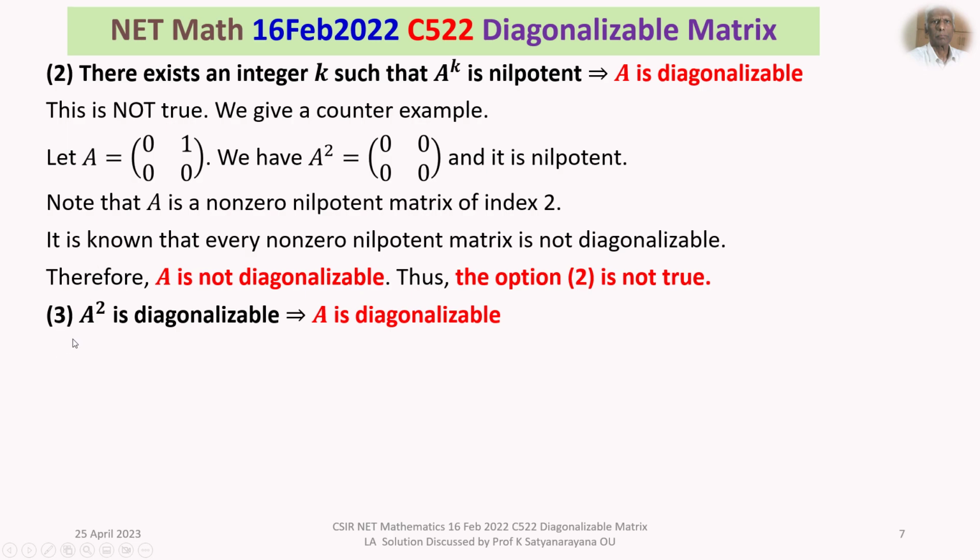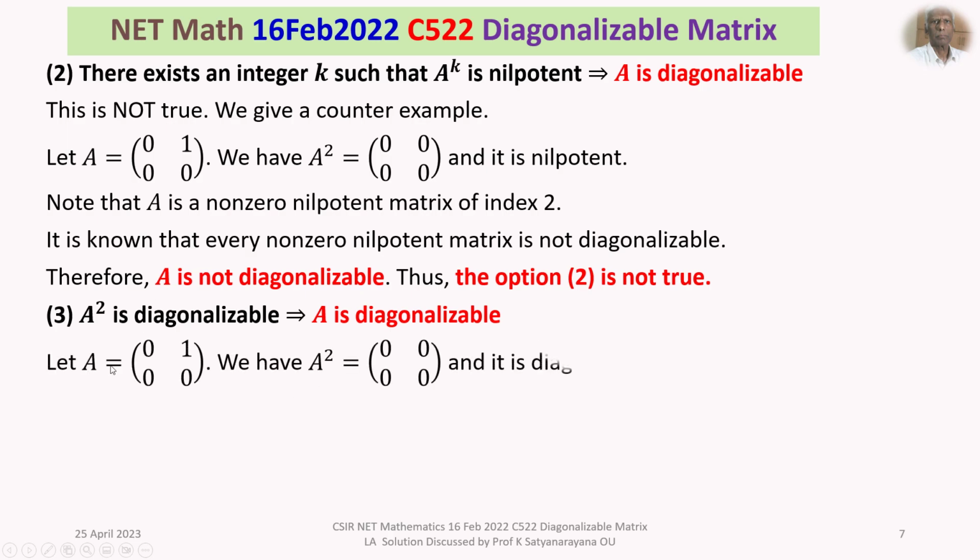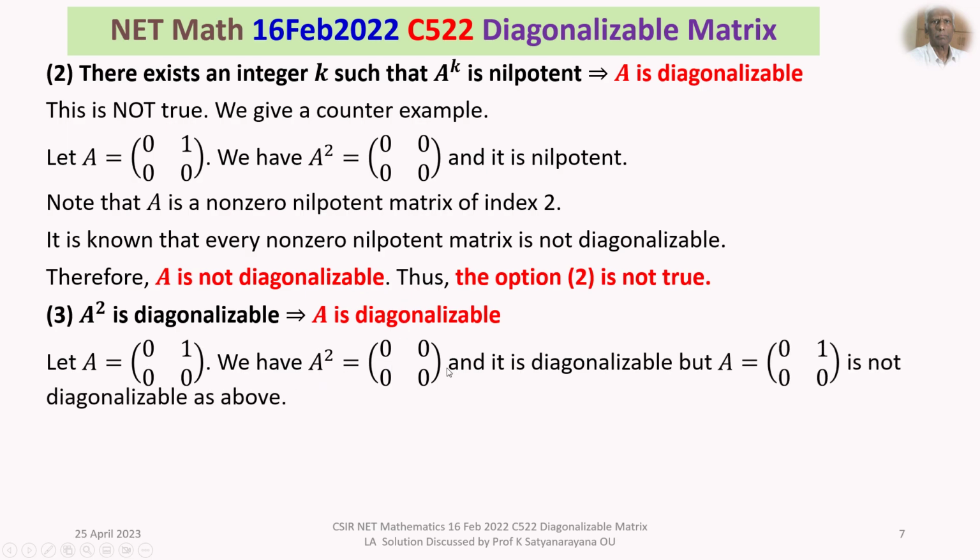And option 3, A square is diagonalizable, implies A is diagonalizable. Is it so? Now take the same example above. Let A equal to 0, 1, 0, 0. A square is the zero matrix, and the zero matrix is diagonalizable. So A square is diagonalizable.